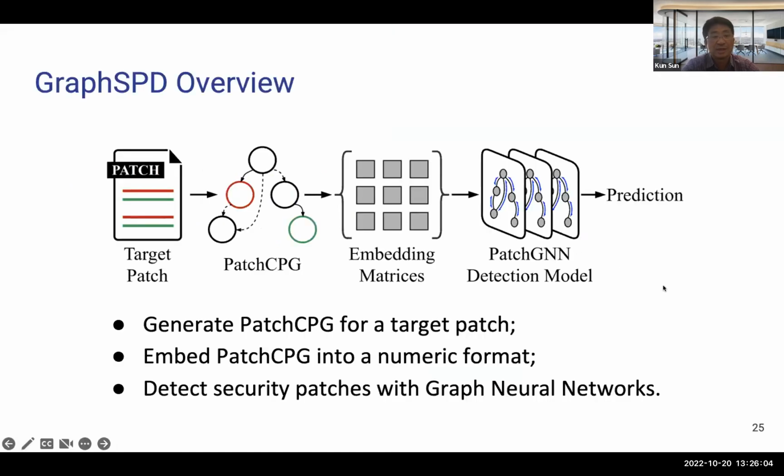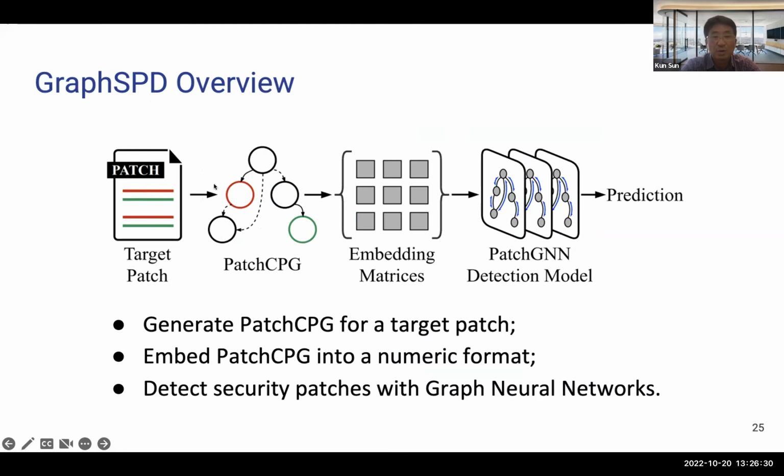So this figure gives an overview of our graph SPD. SPD means security patch detection. First, given one target patch, we can build a new data structure called PatchCPG. This contains the control dependency, data dependency, and AST.